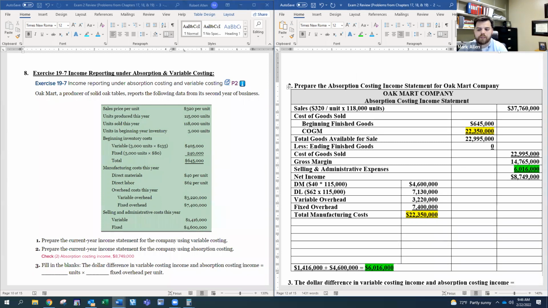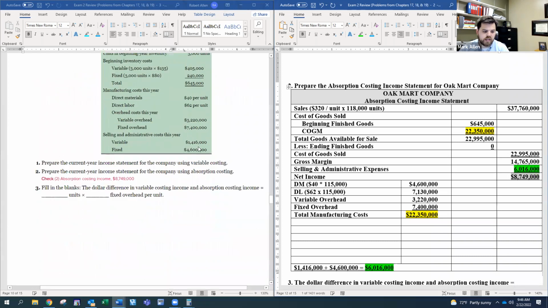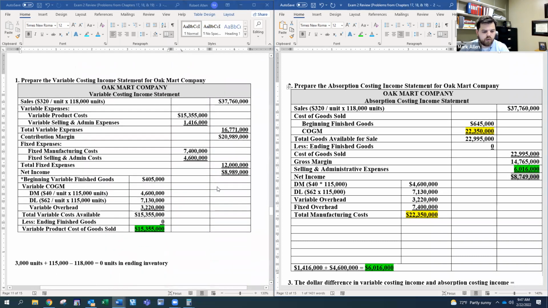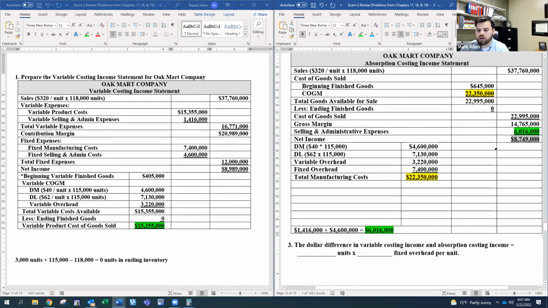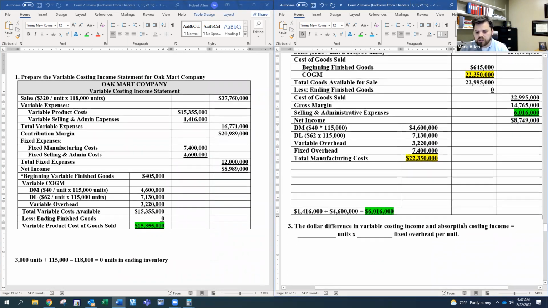Okay. Now, what we said before we began was that we expected our variable costing income to be greater than our absorption costing income. Well, absorption is 8,749,000 and variable was 8,989,000. So we were correct. Our intuition was right. But the question now is why? Why is it right? What's going on here?